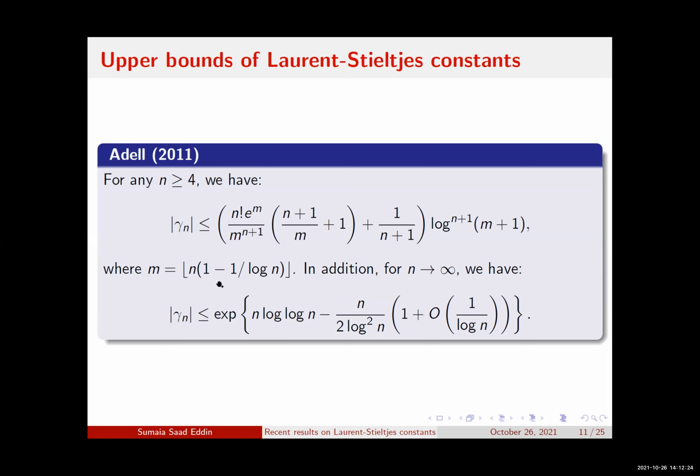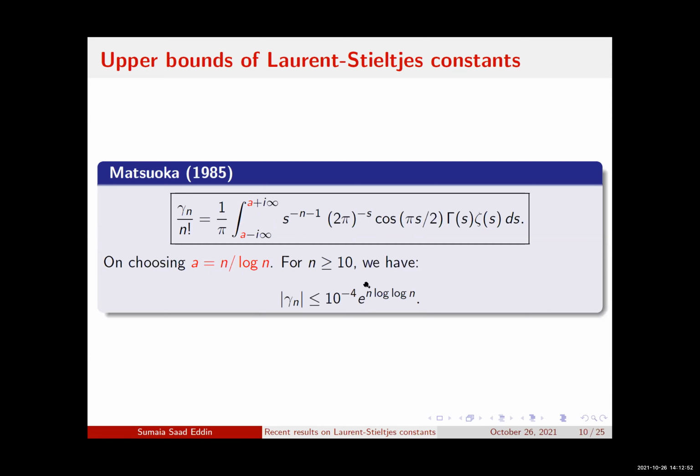One of them, Adil, in 2011, gave us this upper bound for gamma n for any n greater than or equal to 4, and he deduced from this that when n goes to infinity, the upper bound of the absolute value of gamma n is here. And as you see, the main term appeared again, as we saw in Matsuoka's result.